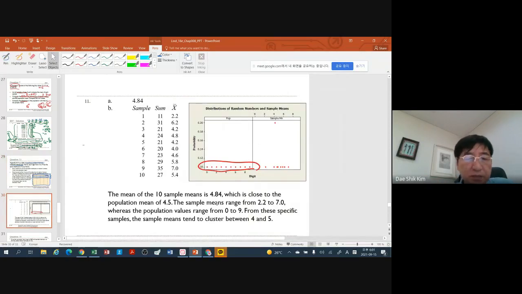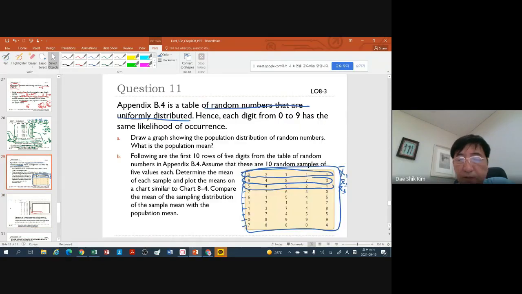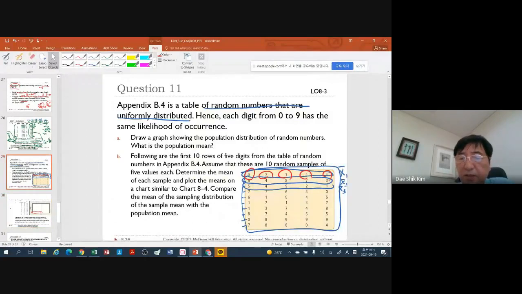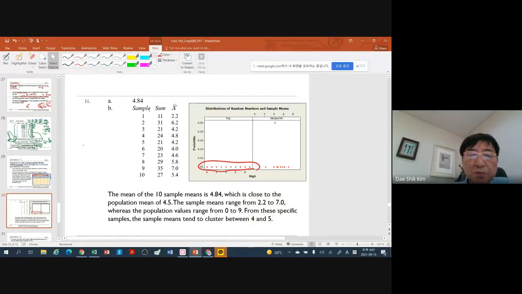The first sample is 0 plus 2 plus 7 plus 1 plus 1, divided by 5. We calculate: the sum is 11. 11 divided by 5 is equal to 2.2.